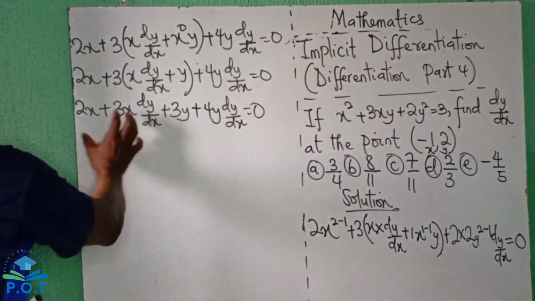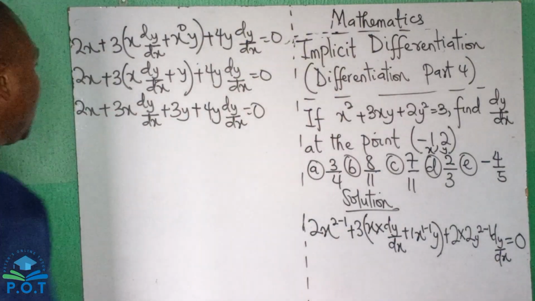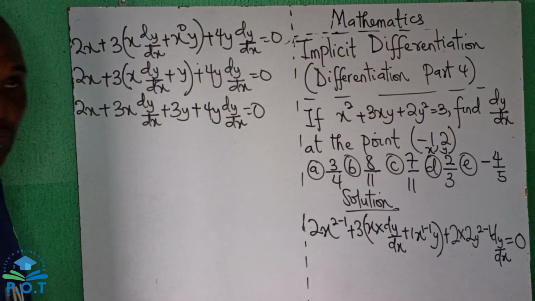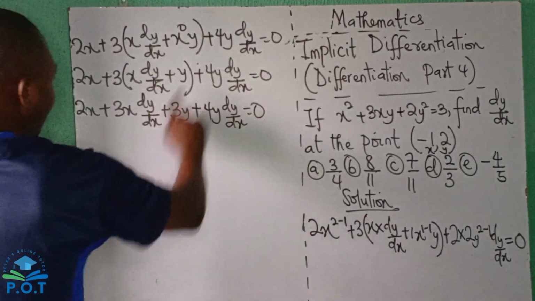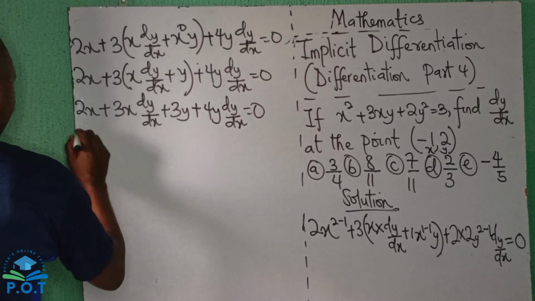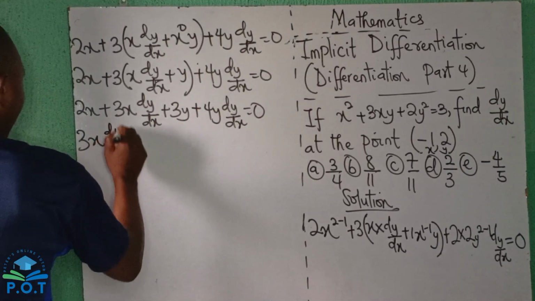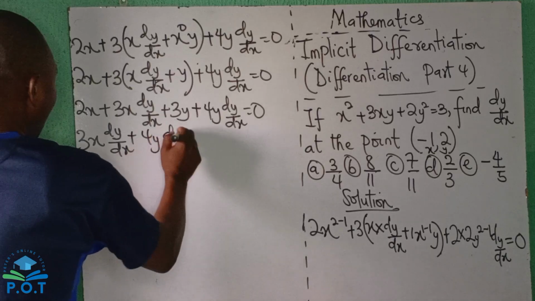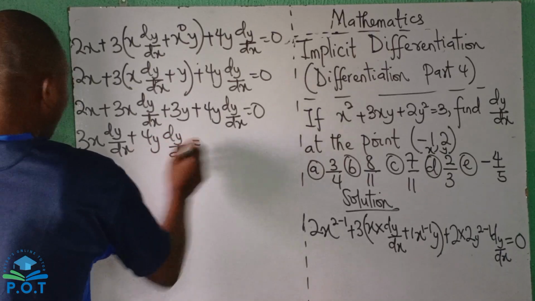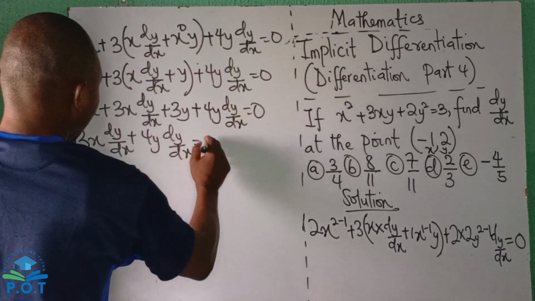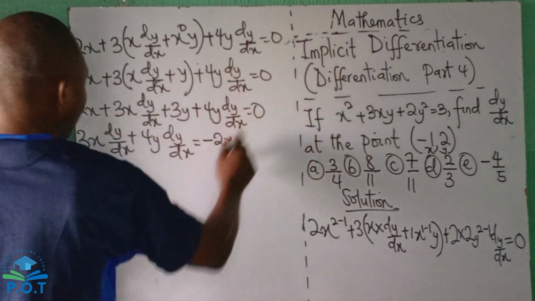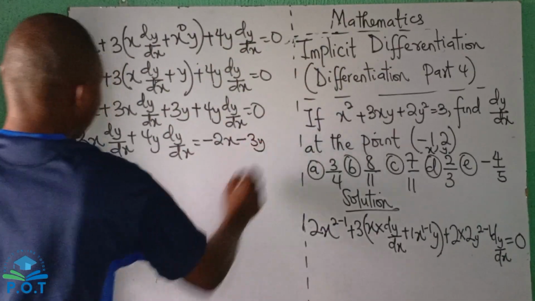Bring the ones that have the dy/dx together. 2x and 3y don't have the dy/dx attached to them, so you can go to the other side of the equation. So I'm going to have 3x dy/dx plus 4y dy/dx equals, if plus 2x goes to the other side of the equation, it becomes minus 2x. Then if plus 3y goes to the other side, it becomes minus 3y.